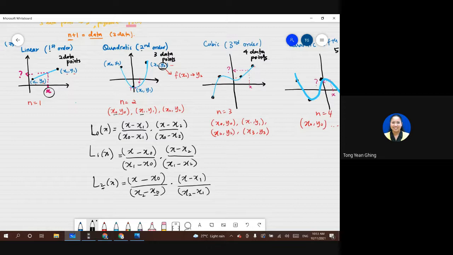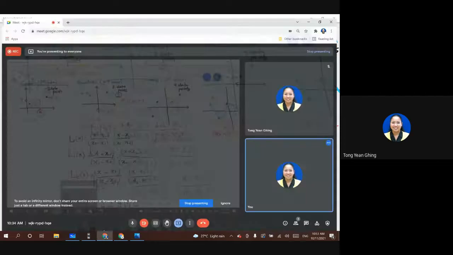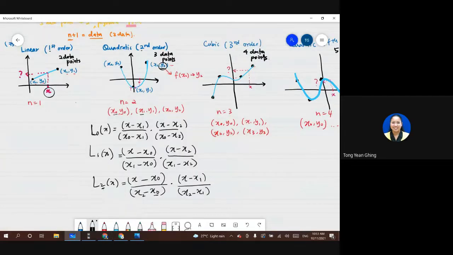Okay, so depending on how many n we have, for example, this one, n is 2. So we will have L0, L1, L2. That number of L also will depend on these weighting functions.